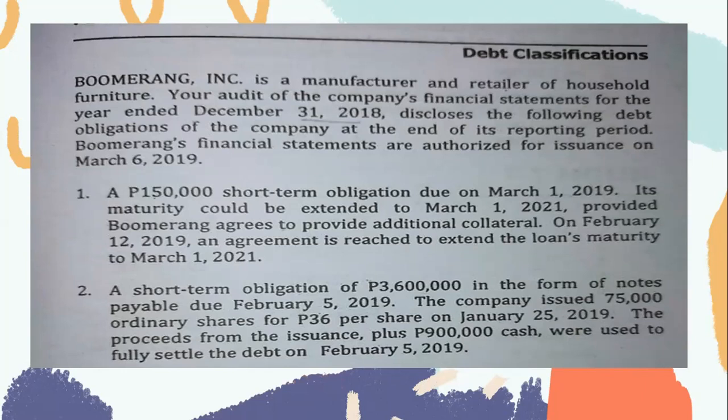Kasi short term obligation, tapos February 12, 2019 pa nag-agree na ma-extend sa March 1, 2021 ang maturity ng obligation niya. Current pa rin siya kasi naagrihan lang na mag-extend.